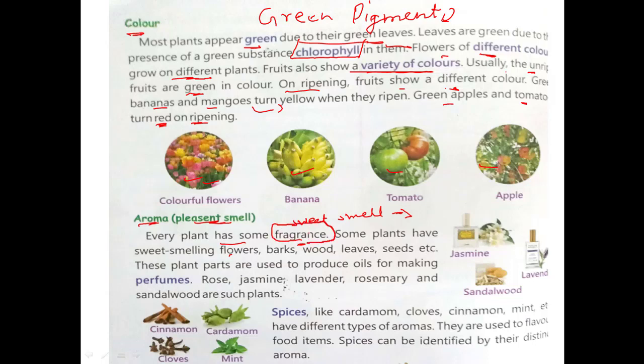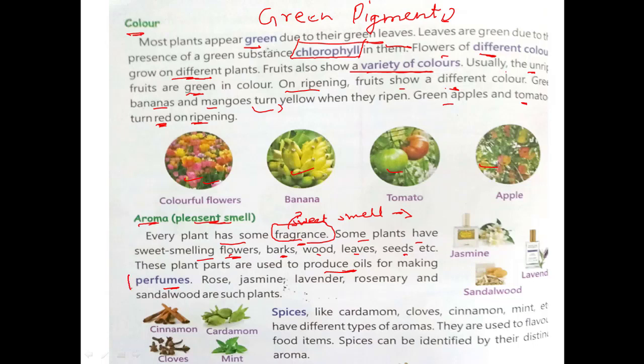Some plants have sweet-smelling flowers, they have flowers that smell very good, and sweet-smelling barks, roots, leaves, and seeds. These parts are used to produce oil, and these oils are used to make perfumes.